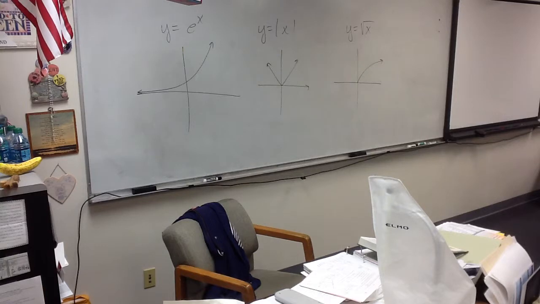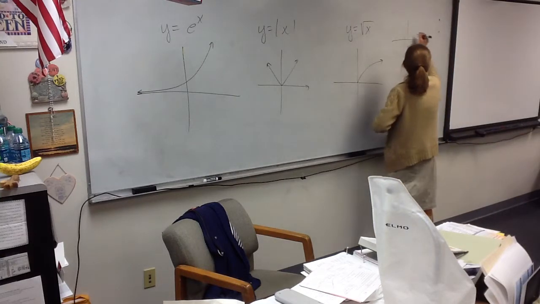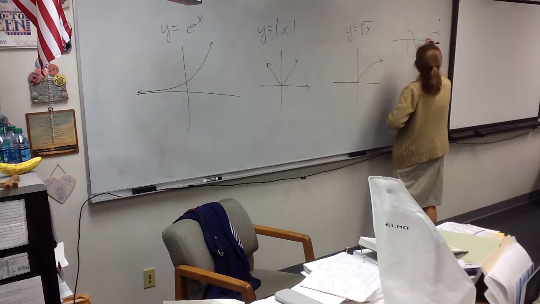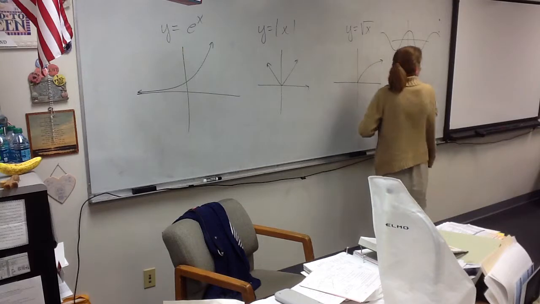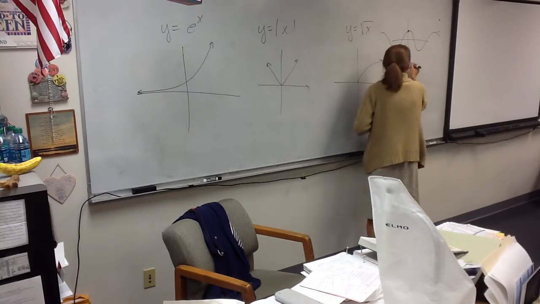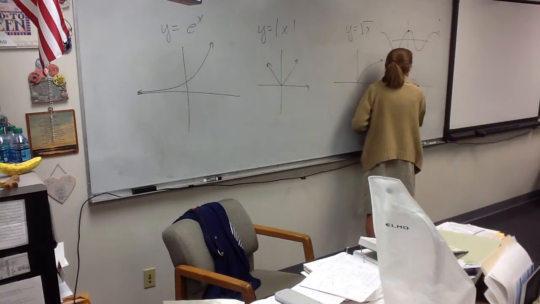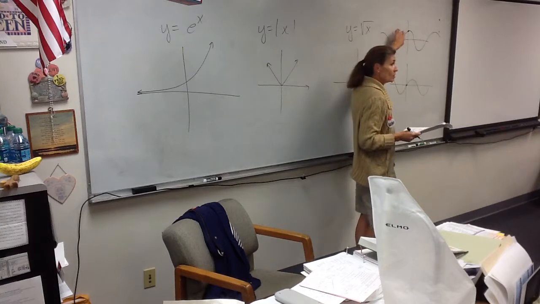And, be careful. What's that last one? That's the cosine. Kids, the cosine and sine are both the waves. But the cosine has this point on the y-axis, and the sine has the origin. So this is the cosine.